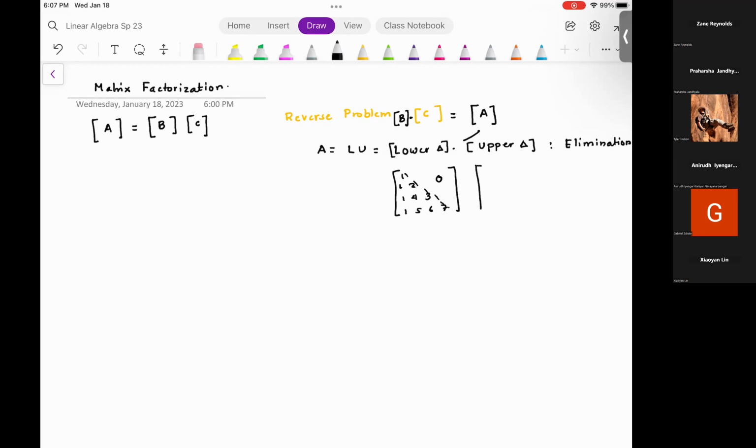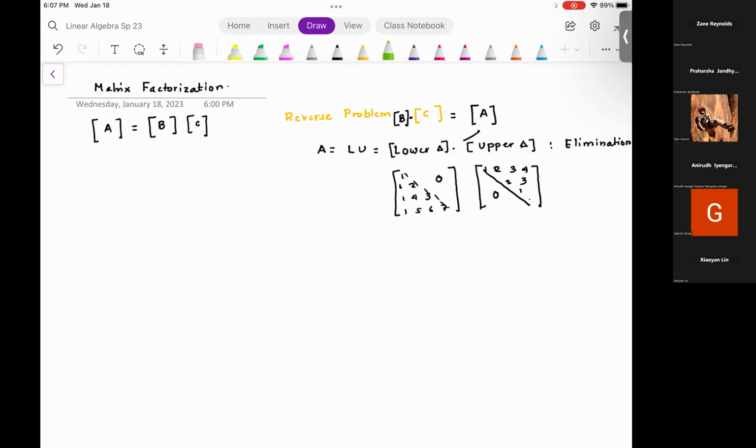The upper triangular matrix means just the opposite. Here are all zeros and here are all entries. So diagonal is, there is some entry here. So something like this. So you have a lower triangular matrix and you have an upper triangular matrix.